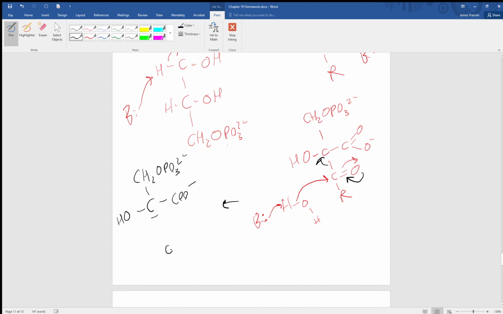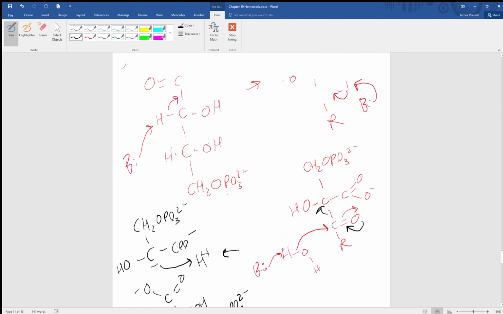And the bottom portion is now this. The only thing we have to do to the top portion to make it identical is simply take the carbanion and protonate it. And voila, we've now generated two molecules of 3-phosphoglycerate.